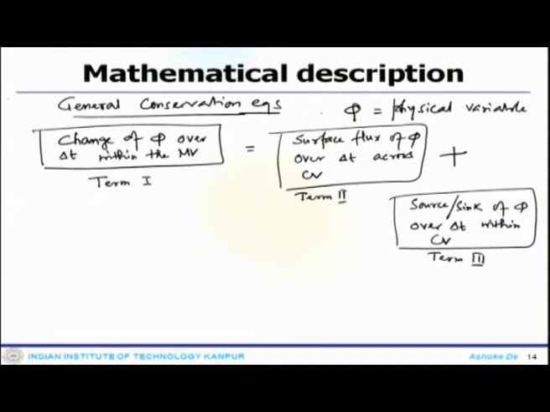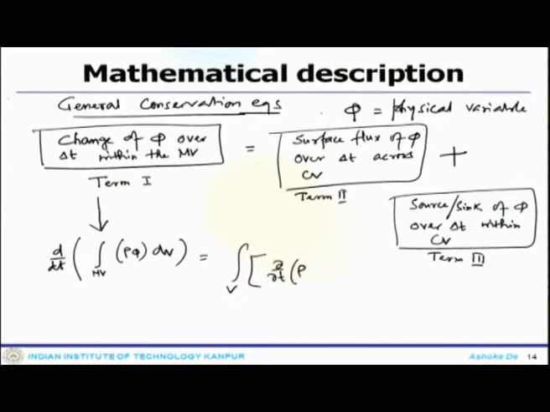So if you expand this term 1, this is nothing but d/dt of the integral over the material volume of rho phi dV. In the integral it becomes del t of rho phi plus del dot rho V phi dV. Okay.